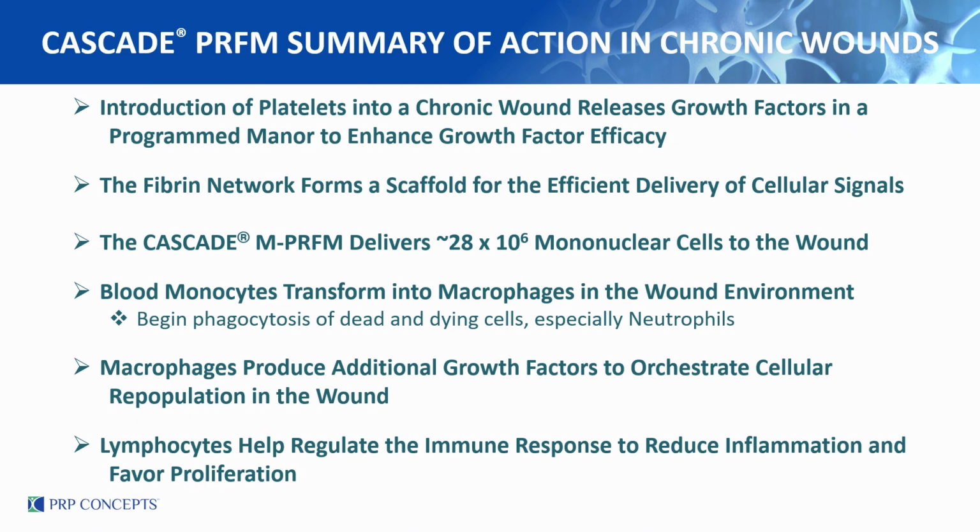We recognize that macrophage activation or macrophage transition from M1 to M2 is critical, because the M2 macrophages, as I've said several times, are the great synthesizing powerhouses to release the variety of growth factors at the appropriate time in the wounds.